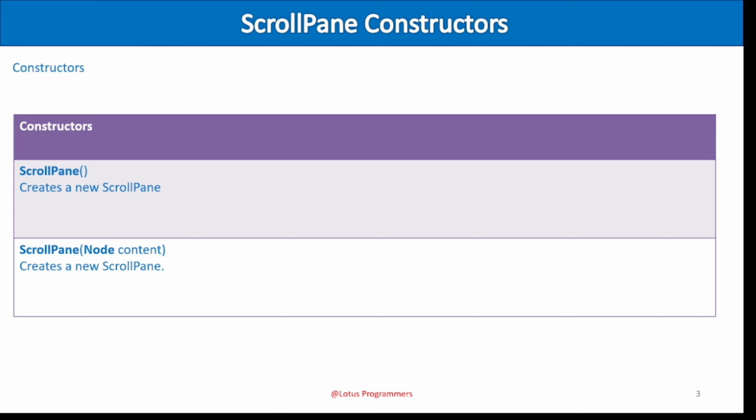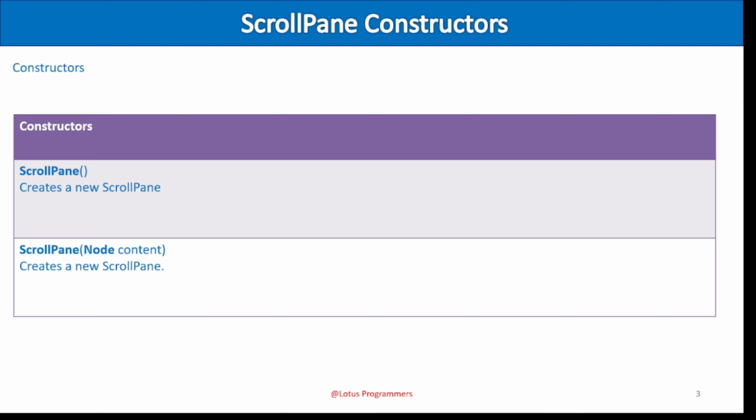After creation of the empty ScrollPane object, we will go for adding a node, for which node the ScrollPane is added, by using the set content method. Using the second constructor, first we will create the node which is added to the ScrollPane. After that, the node object is passed as an argument to the ScrollPane.